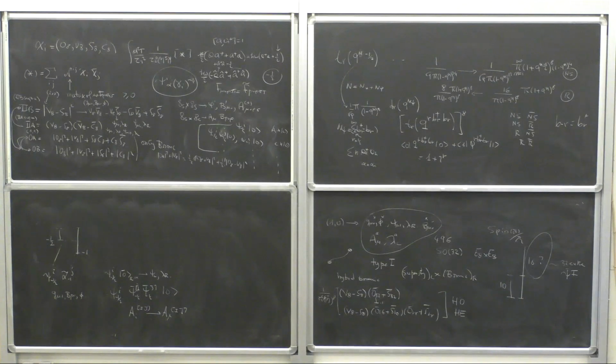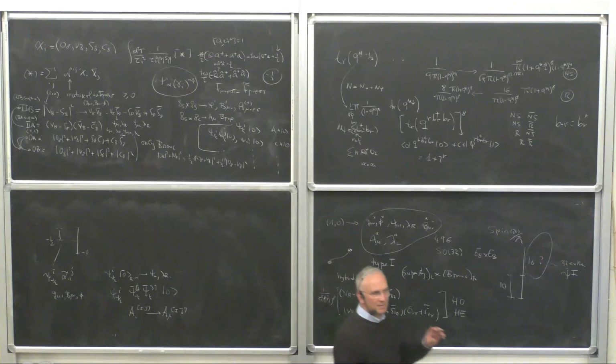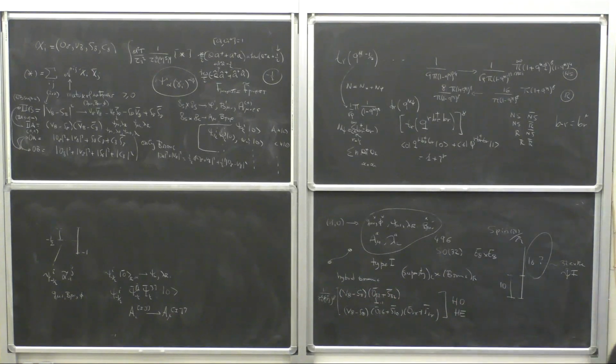And then you ask yourself, how about this S32? But remember that the Ramond sector had this famous Q to the 1/8 in front. So Q to the 1/8 for 8 fermions became Q to the 1/2.